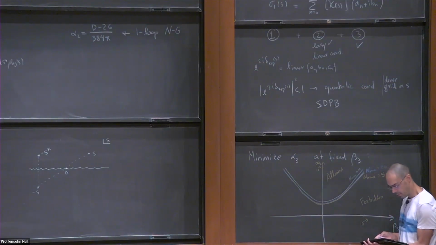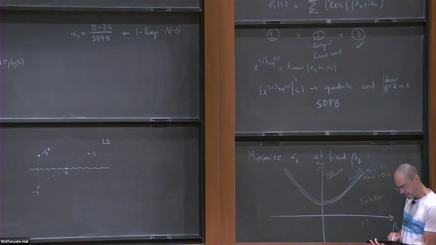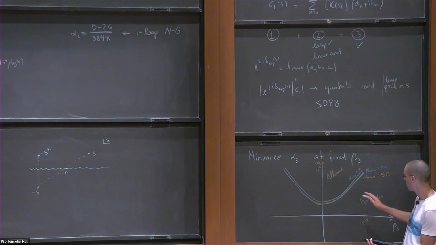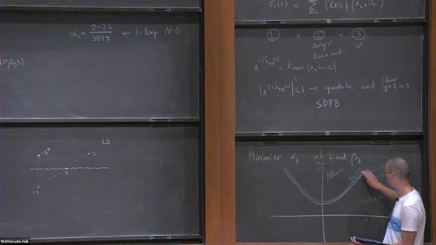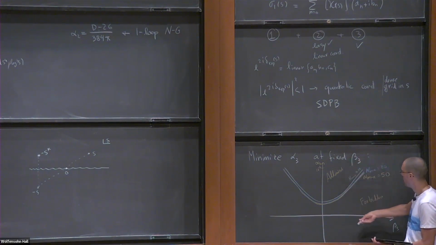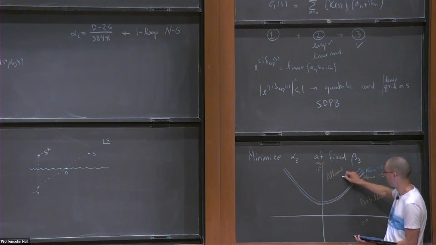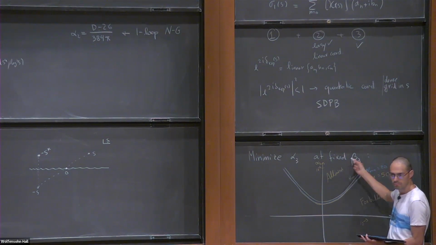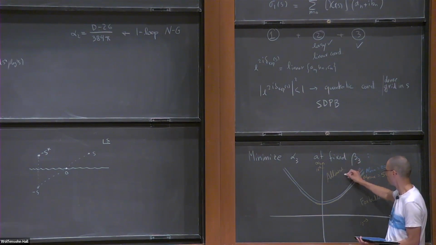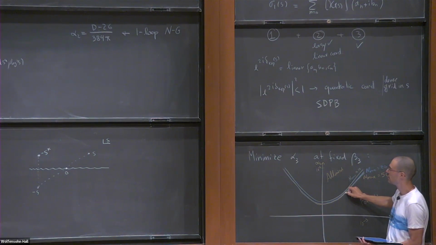Okay, so let me now make some comments. There are two things I want to do. I want to make some comments about the extremal solutions. In this method, you don't know the solution in the middle; there are many S-matrices that can be there. But the S-matrices at the boundary are the output of your numerical procedure.